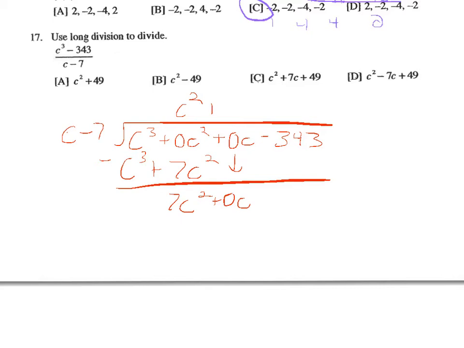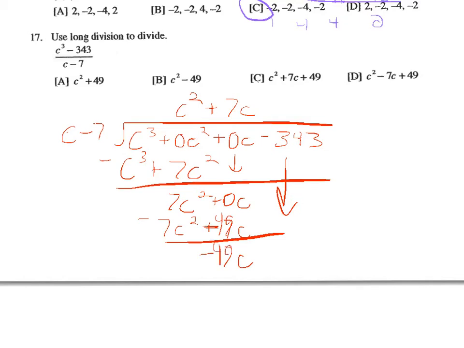And then I would need to multiply by a 7c to get a 7c squared. Then I want to change the signs. Negative 7c. Oops, that's a 49.